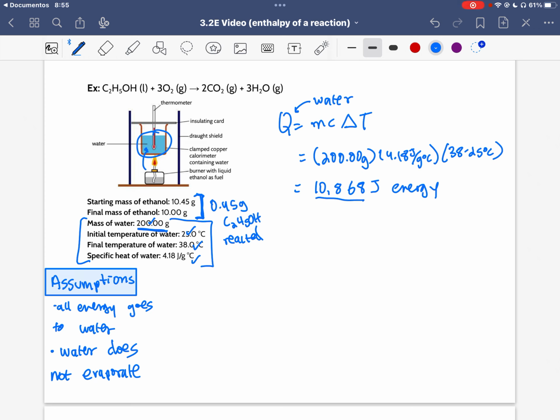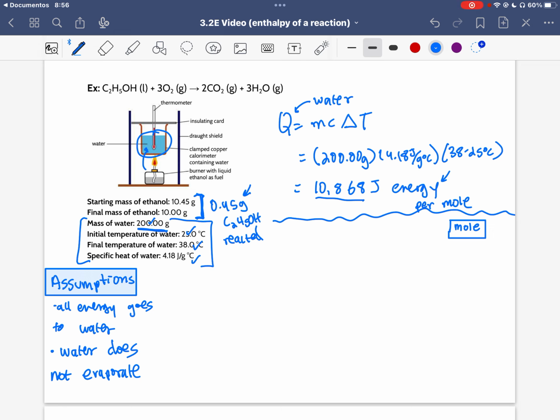I know how much energy when I have this amount of ethanol reacting, but it doesn't really tell me about the reaction in general. We have a unit in chemistry that's really helpful for comparing things in general, and that unit is moles. So what I need to do is I need to take this amount of energy and put it into per mole of the thing that's reacting.